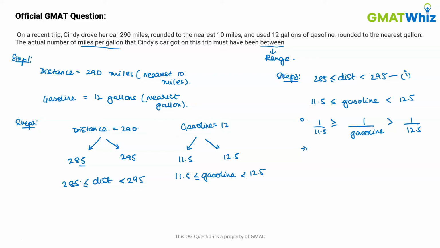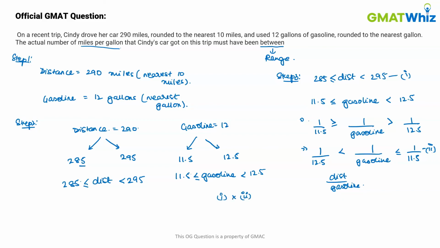If I want to write this in the same way that I've written equation 1, I will be writing down 1 by 12.5 less than 1 over the amount of gasoline that she used, less than or equal to 1 over 11.5. So this is equation 2. Now if I have to find miles per gallon, basically I should be dividing distance by gasoline, right? But here, since I have already changed the equation into the reciprocal form, I will simply be multiplying 1 with 2.